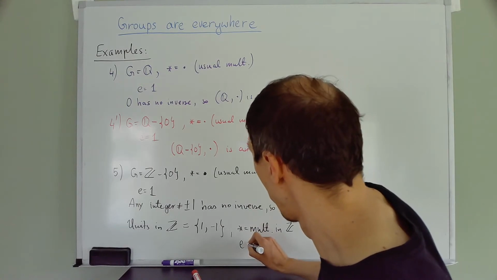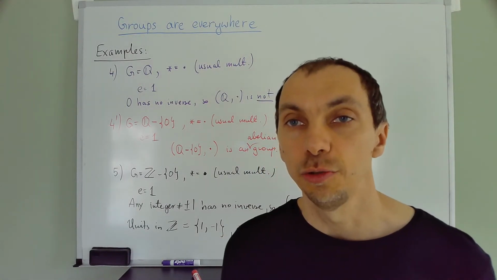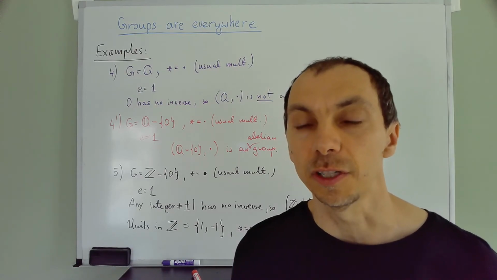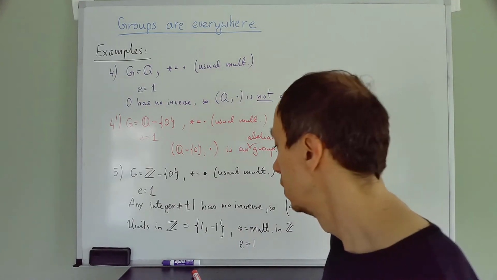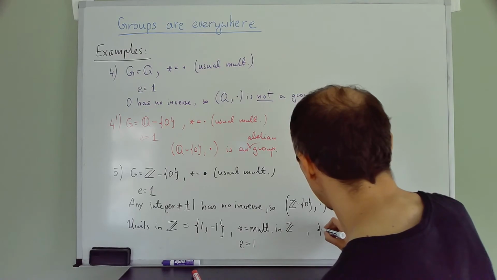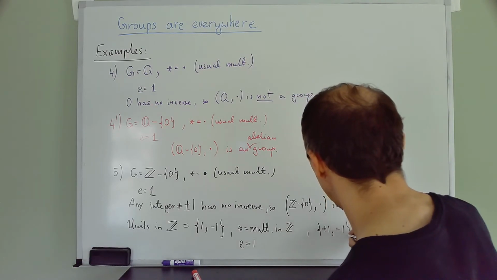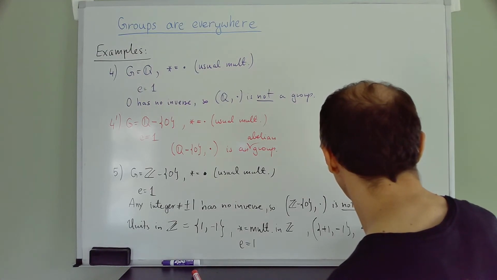Yep. Does every element inside the units have an inverse? By definition, units are elements that have inverses. So this is a group. Plus 1 and minus 1 together with multiplication is a group. Abelian group again.